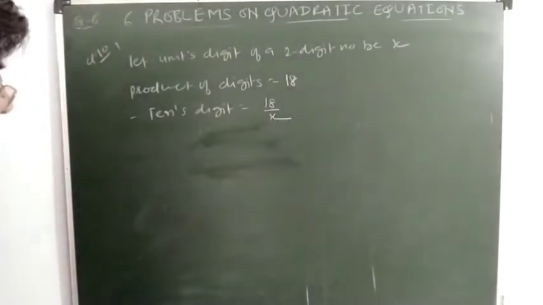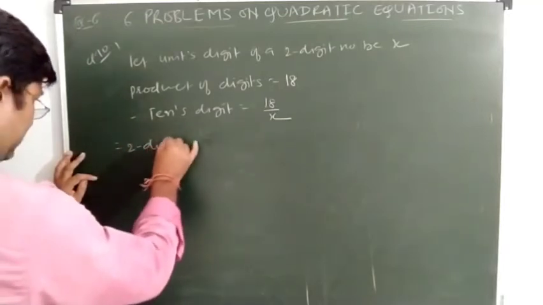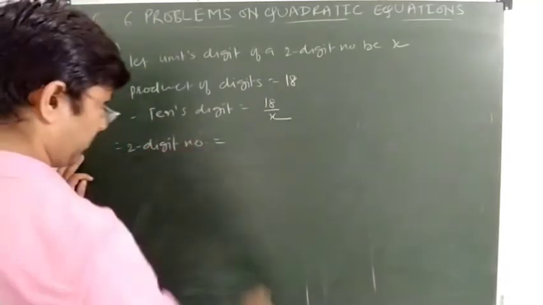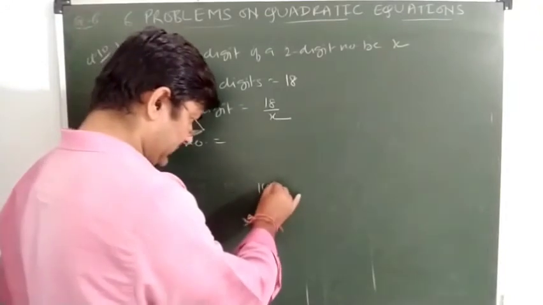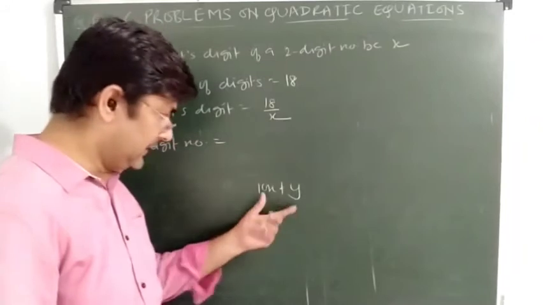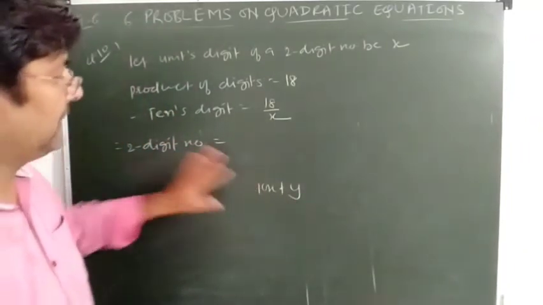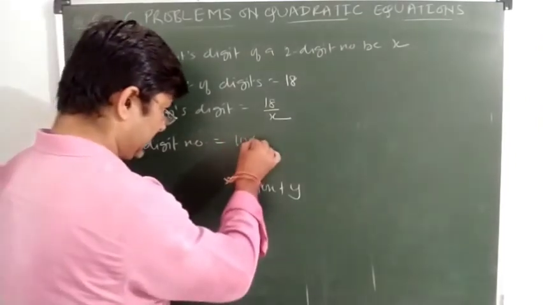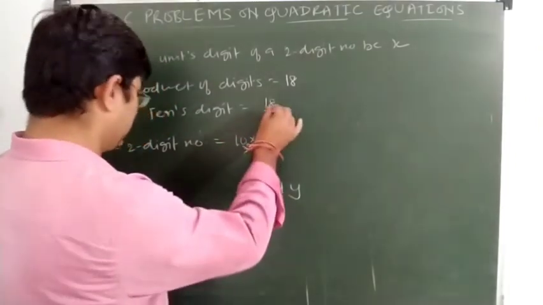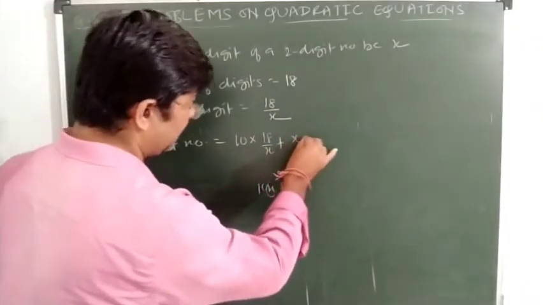Okay, and therefore we can now frame the two-digit number. The two-digit number is of the form 10 times tens digit plus units digit. So we can put the values in this formula: 10 into the tens digit, that is 18 upon x, plus the units digit, x only.